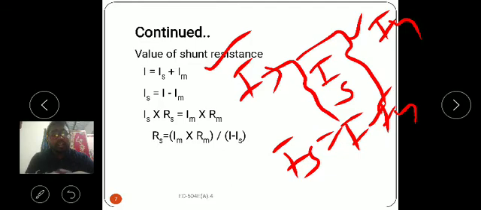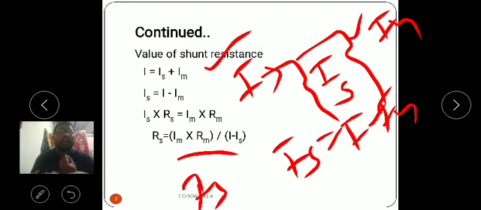Then separating, RS is equal to IM into RM divided by IS. Here IS is equal to I minus IM. Finally, the shunt resistance is RS equal to IM into RM divided by I minus IM.